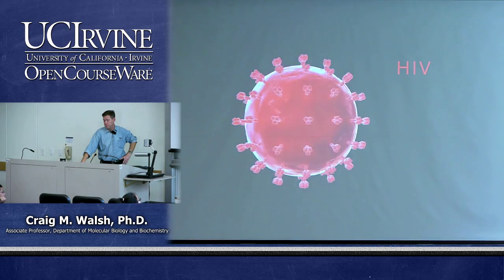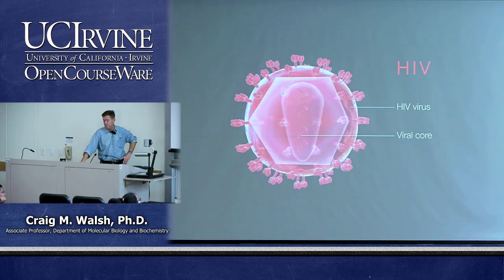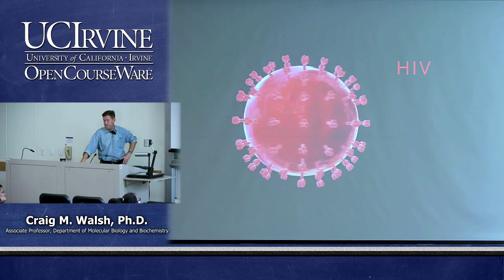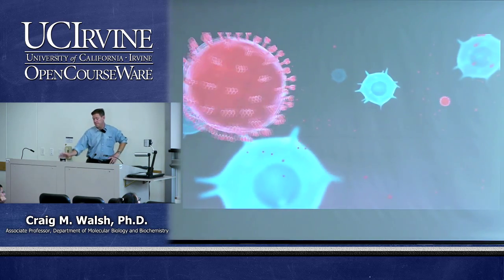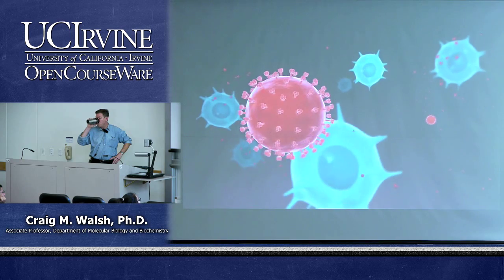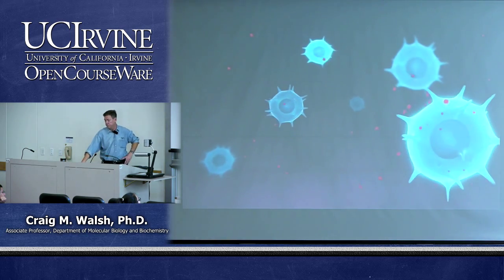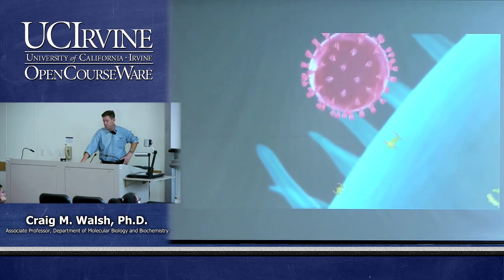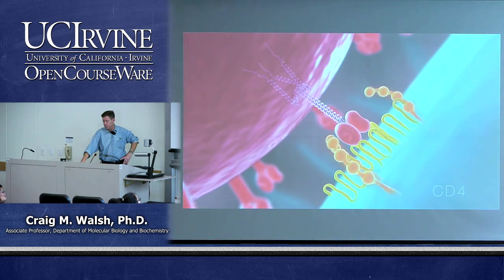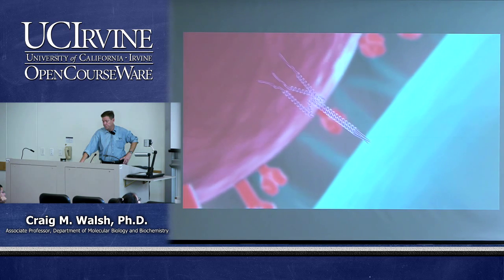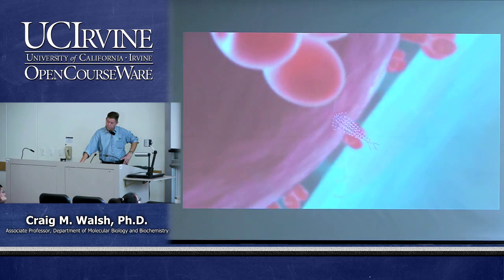HIV is a retrovirus that causes fatal immune deficiency and needs to infect human cells for its own replication. In the body, HIV preferentially infects activated CD8 T cells. This is because HIV must bind to CD8 to gain entrance into the cell, as well as to a co-receptor called CCR5 that is expressed in activated T cells.